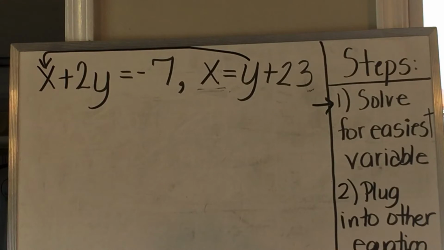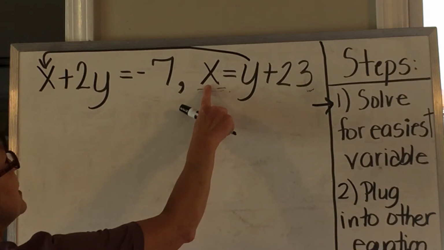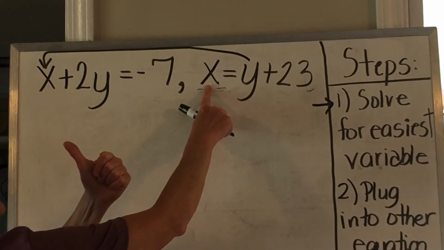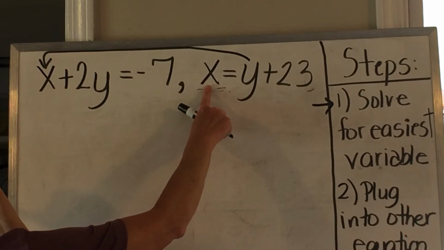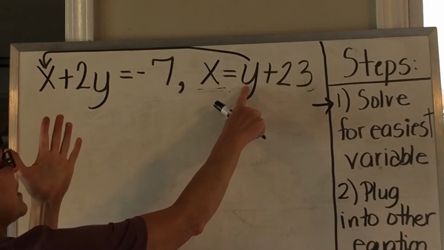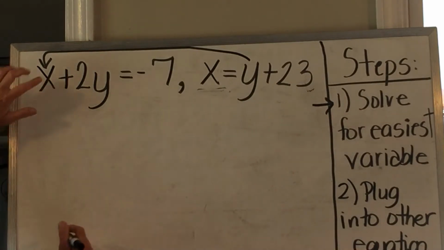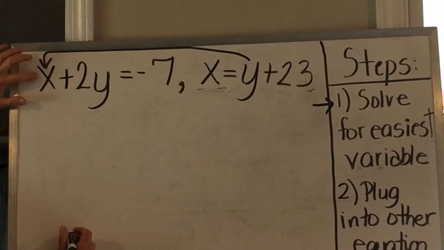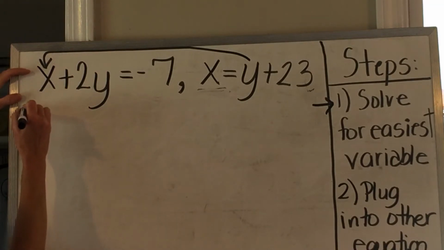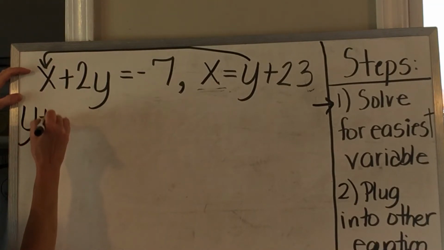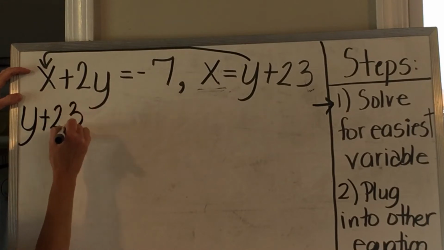Always the other one. So let me say that again. Every time you see X in the other equation, you're going to replace it with Y plus 23. So there it is right there. There's your X. So underneath it, you're going to put Y plus 23.